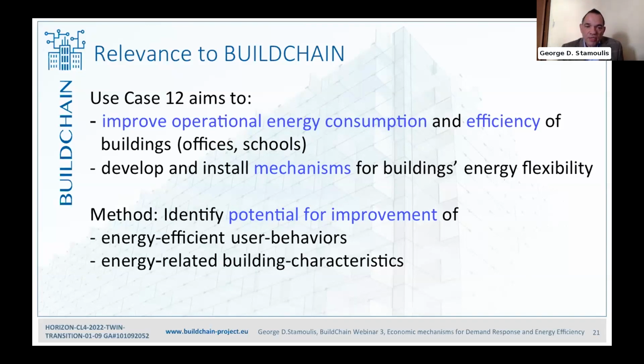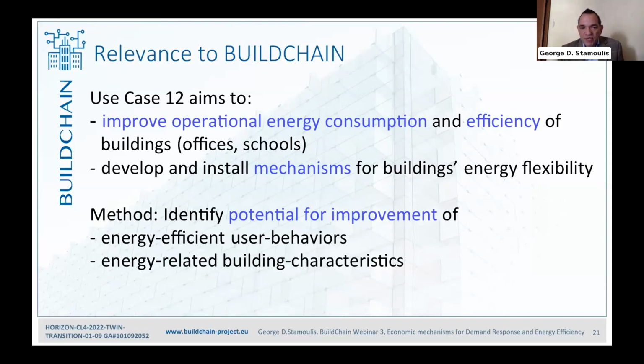First, we are going to identify the potential for improvement of energy efficient user behaviors, that is, how the users of the building, namely the employees, the students, and the staff of schools, etc., will be incentivized, and what potential they have to behave more energy efficiently. And then, as we will see in the next slide, how they can be incentivized for this.